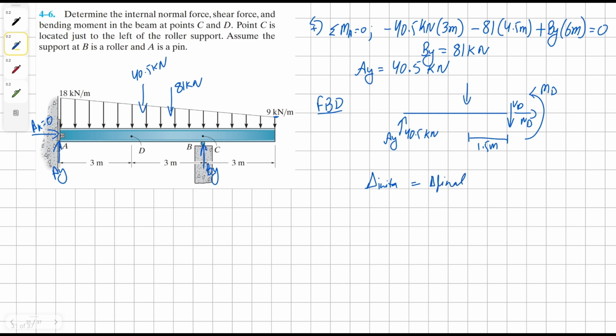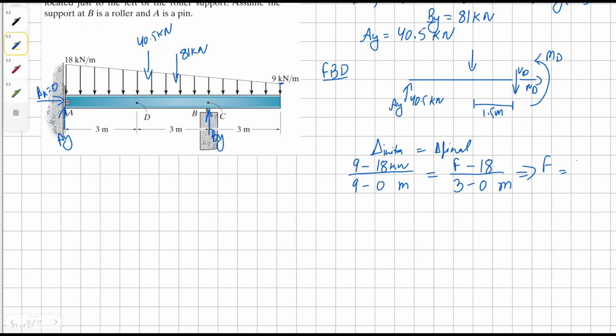We're going to have, first of all, 9 take away 18 kilonewton divided by 9 take away 0 meters equals unknown W, or in this case I'm going to call it F, take away the 18 divided by 3 meters take away 0 meters.